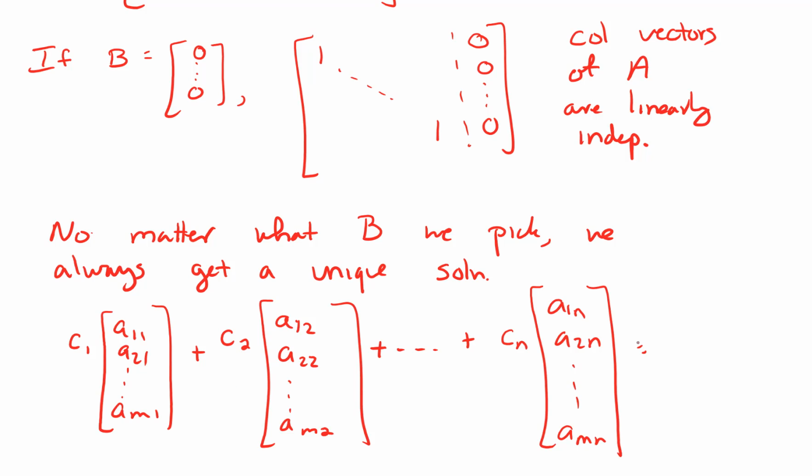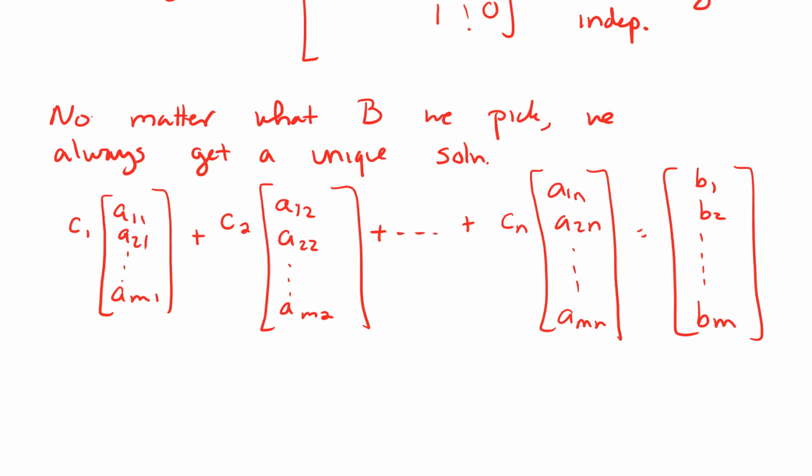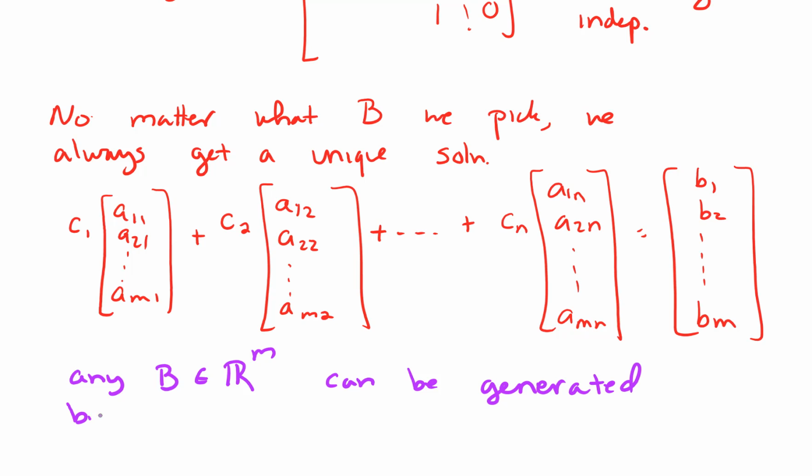So we can build any vector as a linear combination of the columns of A. And so this shows that any B that lives in Rm can be generated by the column vectors of A.